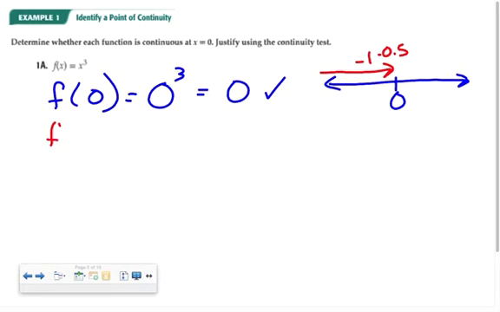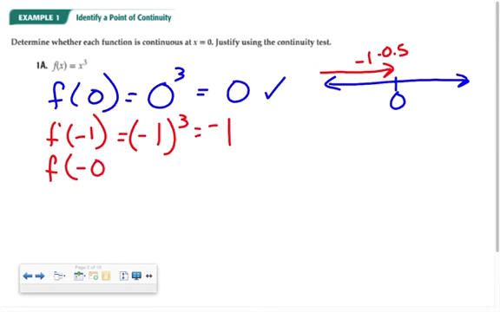Okay, so f of -1 is -1 to the third power, which is -1. Well, that's kind of close to 0, so that looks promising. And then I check f of -0.5. And if this is going to look promising for f of 0 to be a point of continuity, then my answer is going to be even closer to 0.